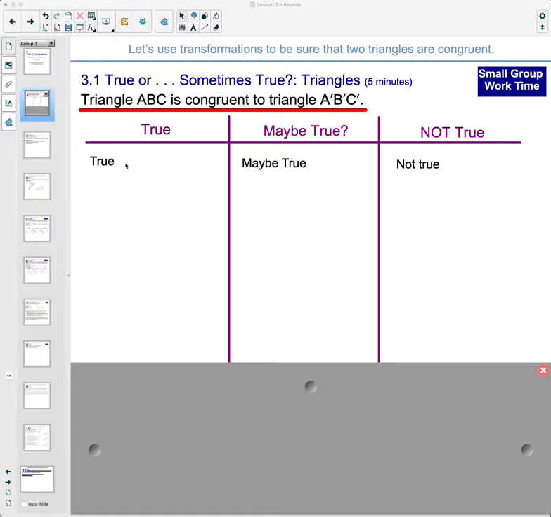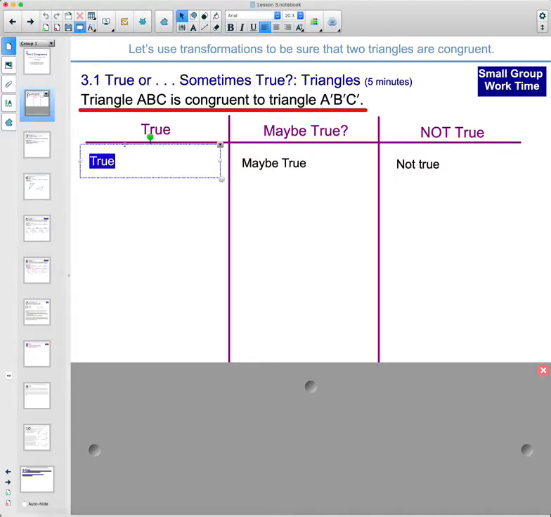So some things that you might come up with that are completely true: since we know that this is the original figure and the image, we know that corresponding parts are going to be congruent. So angle A is equal to angle A prime, angle B is equal to angle B prime, and angle C is equal to angle C prime.